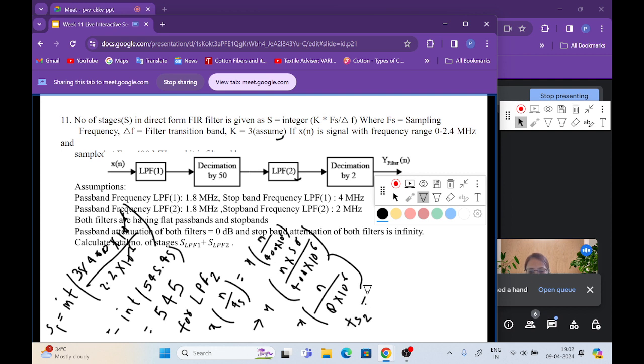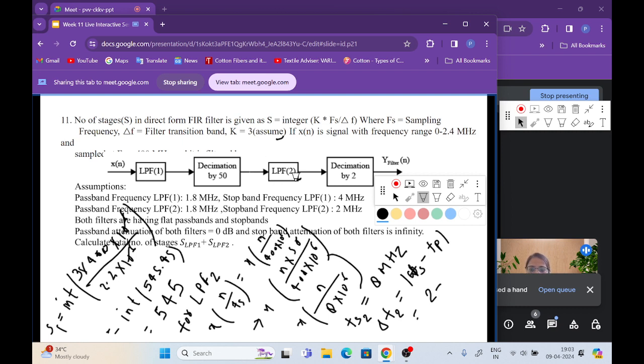Fs2 I am writing here: 8 megahertz. Now we need to find the transition band, that is del f2 for stage 2. So del f2 is the modulus of stop band frequency minus pass band frequency.